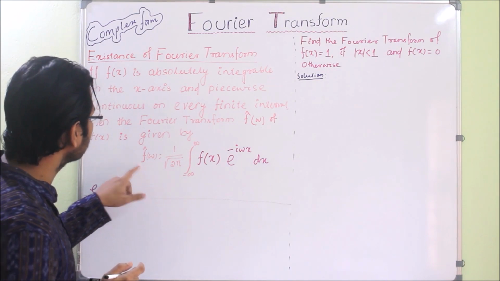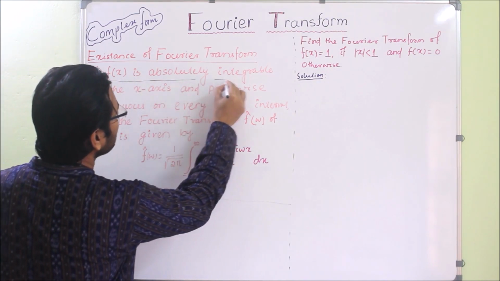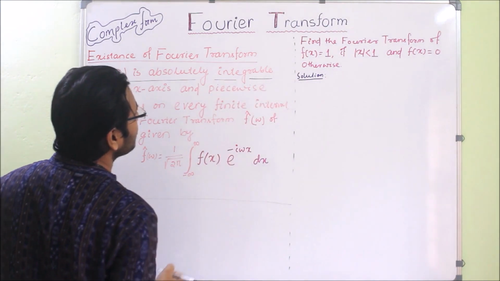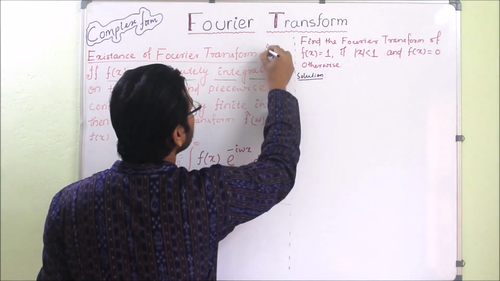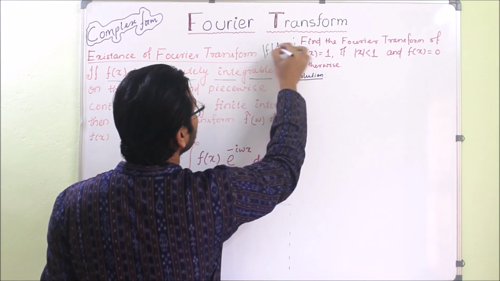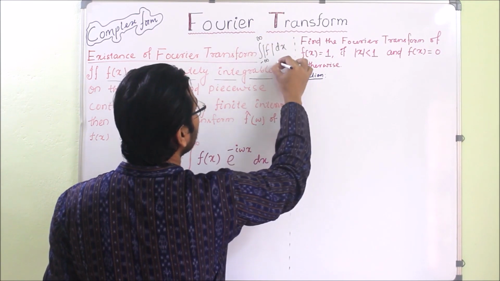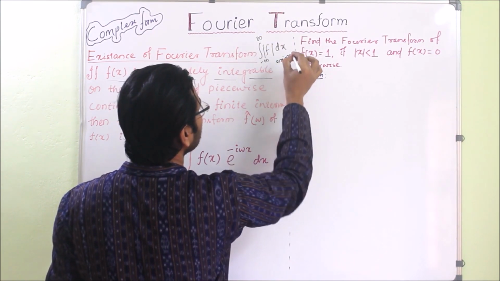So for existence, first f of x should be absolutely integrable. Absolutely integrable means this: integration of mod f of x dx from minus infinity to infinity exists.